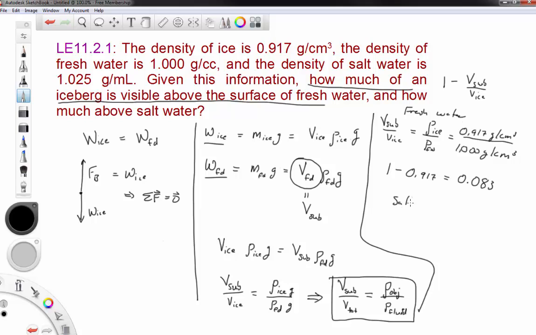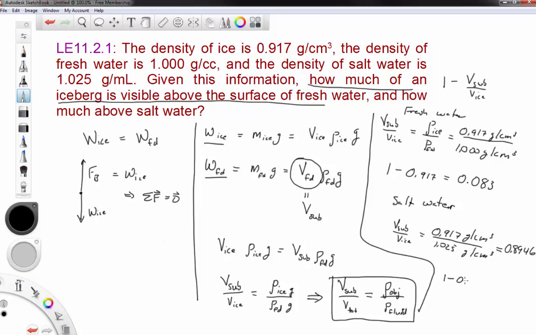For salt water, which is usually the actual case because these are floating in the ocean, not on a river, you would end up with V sub over V ice is equal to 0.917 grams per cubic centimeter divided by 1.025 grams per cubic centimeter. The result of that is about 89.46%, or 0.8946.